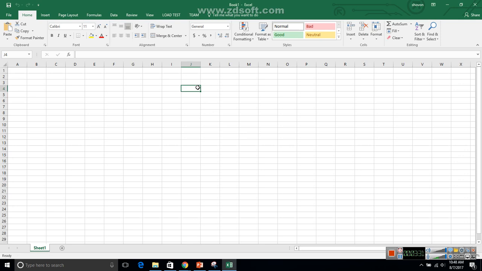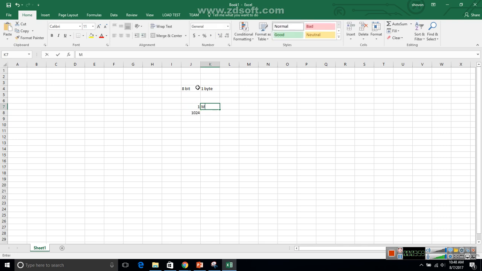So let's write this in Excel: 8 bits is 1 byte. Now we have 1 MB. How many kilobytes is that? Multiplied by 1024, it gives the kilobyte value.